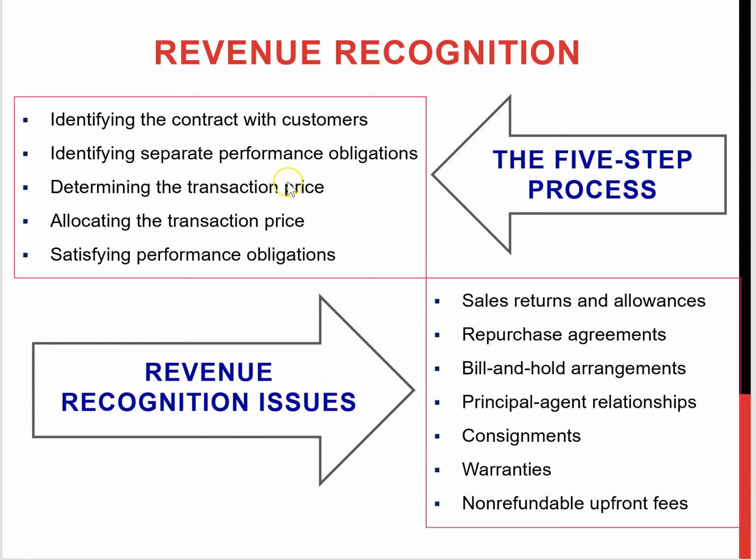Then we will figure out some complicated revenue recognition issues applying those five-step processes and the recording process, especially the journal entries for all these scenarios, and how those entries and scenarios would affect a company's financial statements.